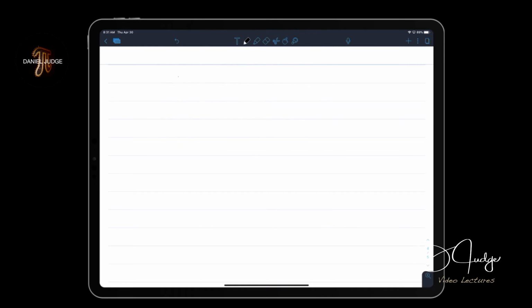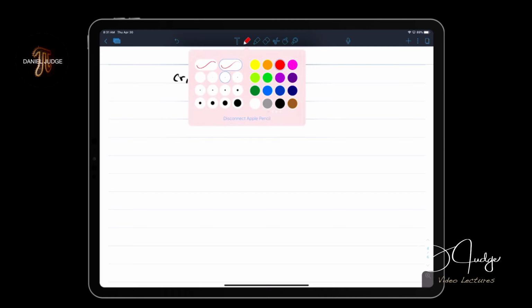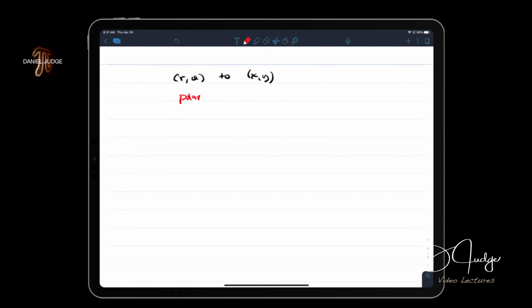So r theta to xy, this is converting polar to rectangular. We can go back and forth. If, for example, they give you 3 comma pi over 4, you're going to convert. This is polar. Here's my radius.